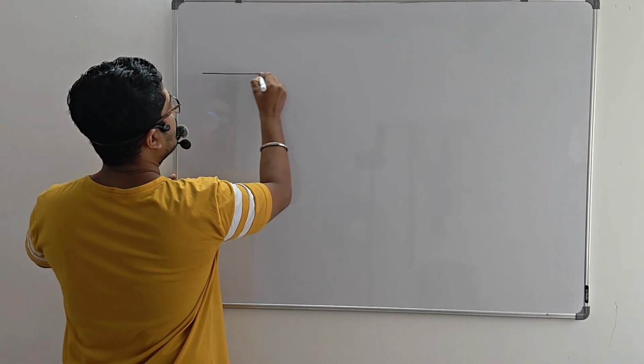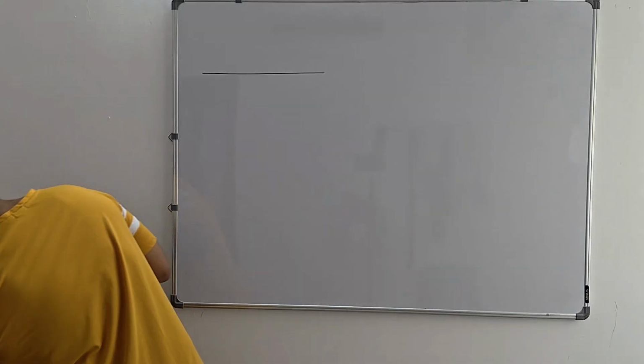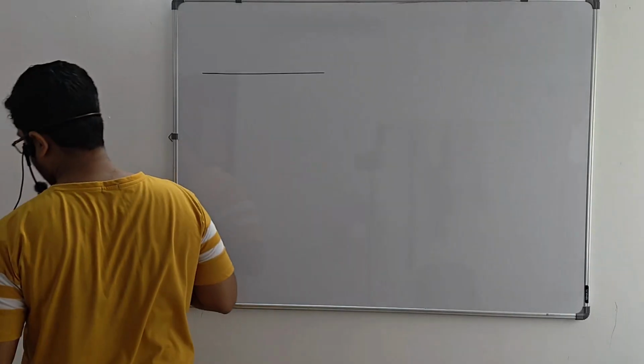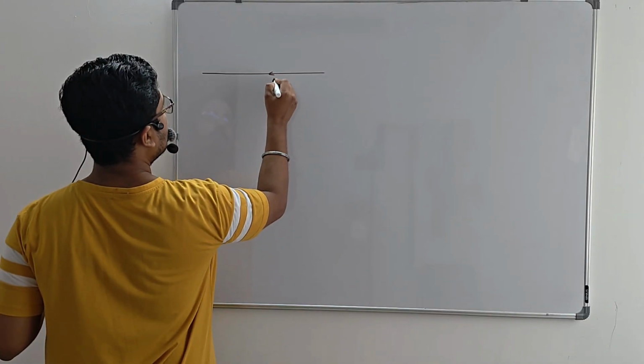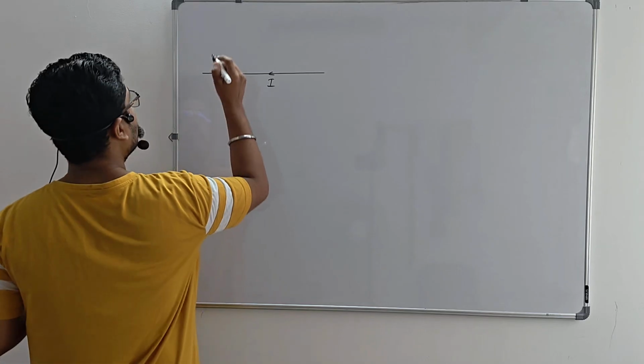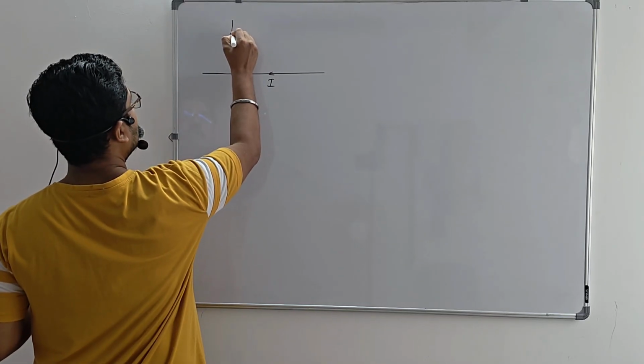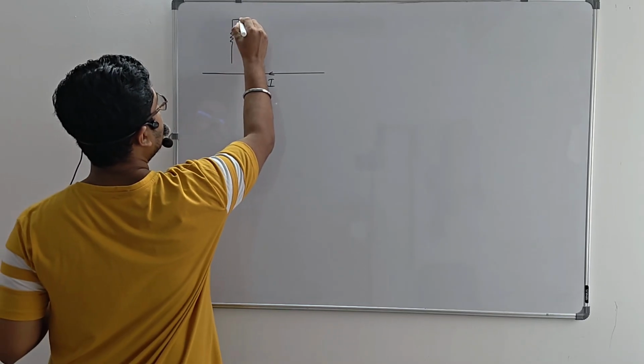So this is, let us say, the current carrying wire. As per the question, they are having the current going in this direction as I, and they are having a loop with resistance like this.